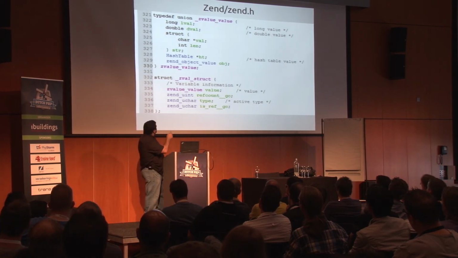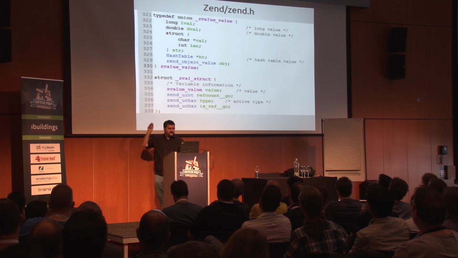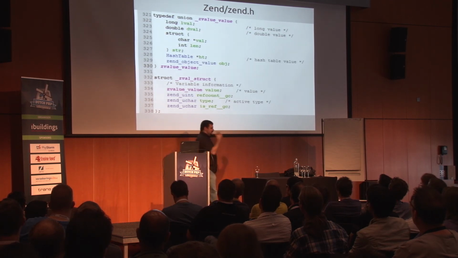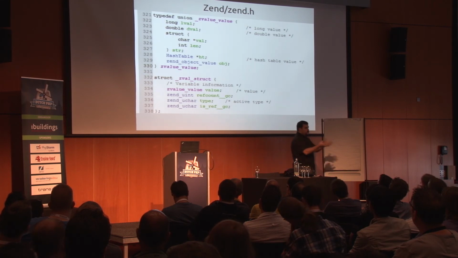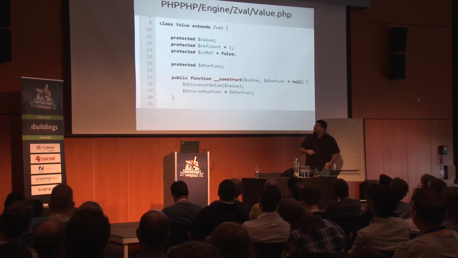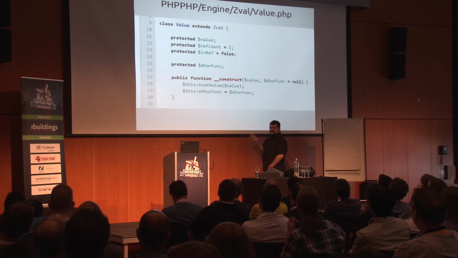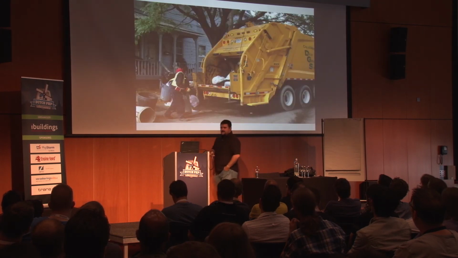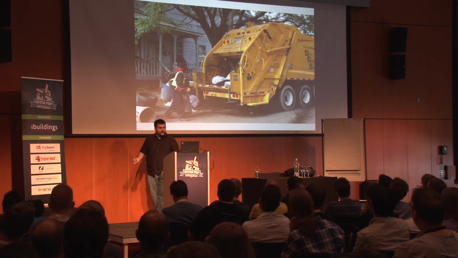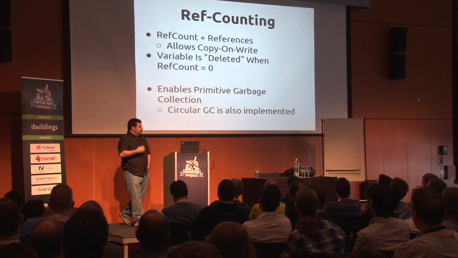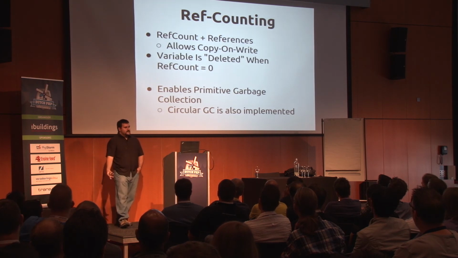The type is one of these pieces of information up here, but the point is that the zval holds whatever type of data that you have, it holds that value. In PHP, we do the exact same thing. And the reason is simple. We care about garbage collection. We care about how we use memory. So PHP uses a concept known as ref counting.